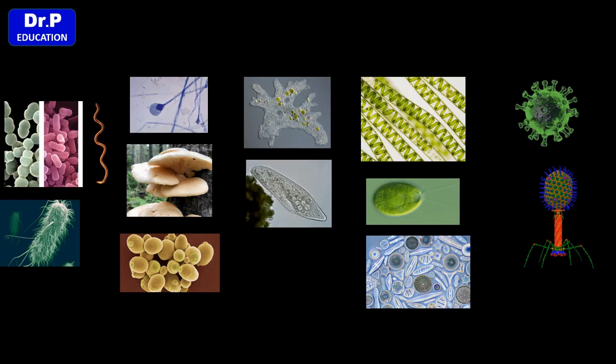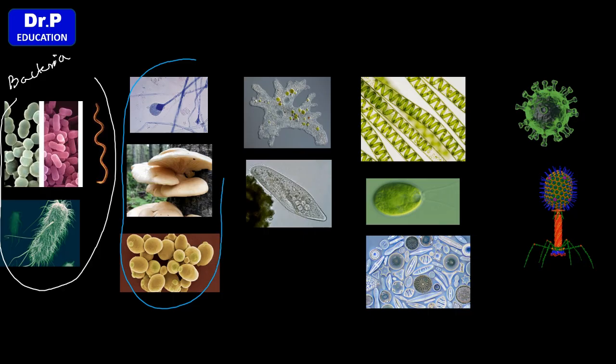To keep you interested in the subject matter, I'm going to show you these images. These are an example of bacteria. These are different shapes of bacteria. And these are real world examples, how you see them. These are examples of fungi. This is more like a microscopic view, and macroscopic mushrooms. You have seen what mushrooms are, and this is what yeast will look like when you study them under a microscope.